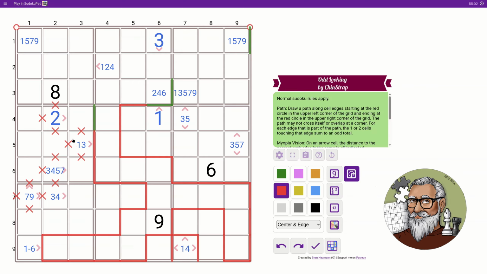Is there another way of doing this? Let's take the easy one between quotes. I still need to connect these, and this would have to pass in front of that one. So let's say that.